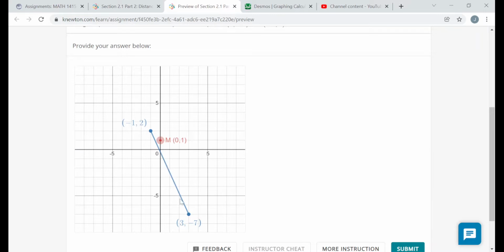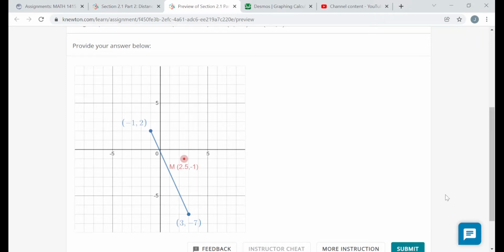You got a segment connecting them, and we're asked to move this point M around, right? Drag this around until we get to the midpoint. Right. Now the midpoint is the point that's exactly halfway, right? Exactly dead in the middle between these 2 endpoints.